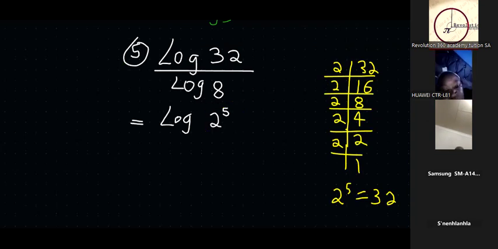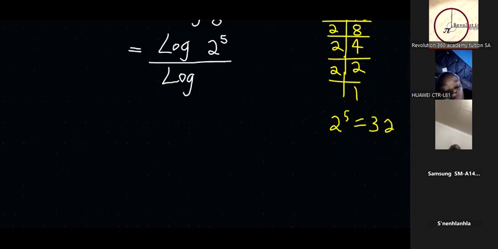And you also do log of 8. So the log of 8, if we use the fishbone method again, will be 2 to the exponent of 3. To those who want to see it, you just do it like this. That is 8, and then you say 8 divided by 2. You're going to get 4. 4, you write it here. Then 4 divided by 2, you're going to get 2. 2, you write it here.